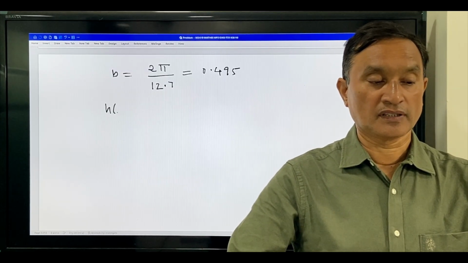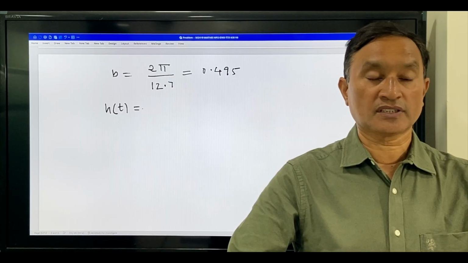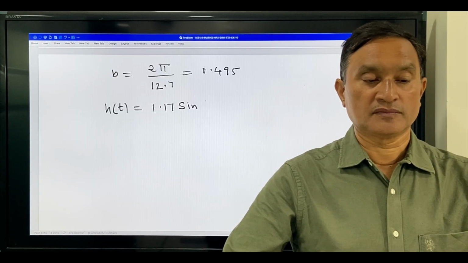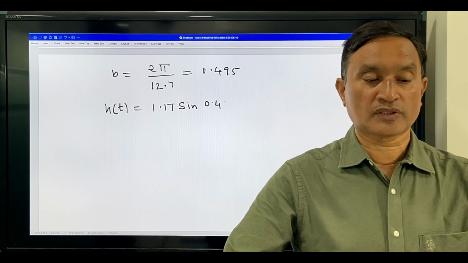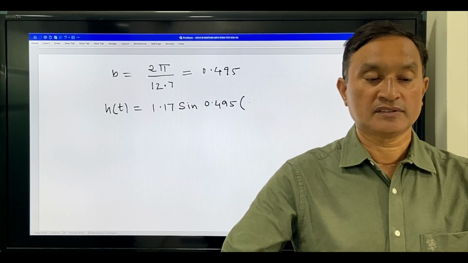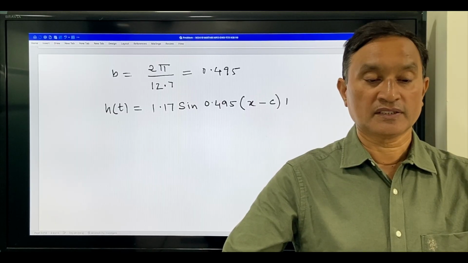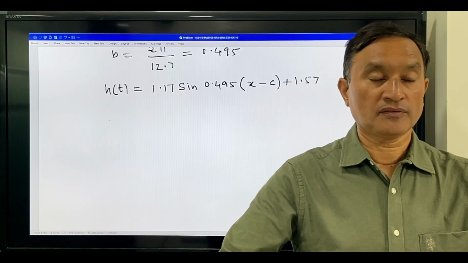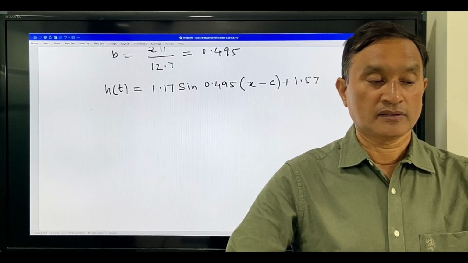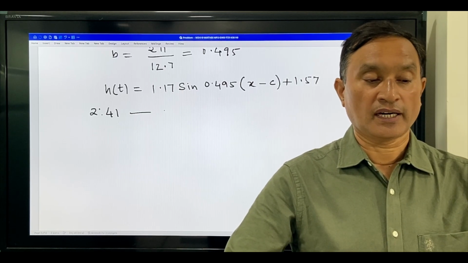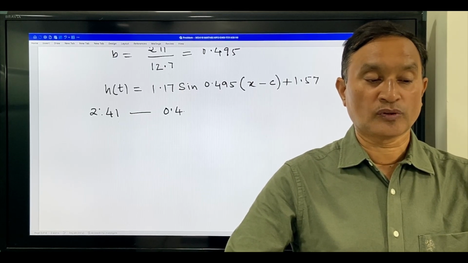So your h(t) equation would be 1.17 sine 0.495 x minus c plus 1.57. Now we know that at 2 hours 41 minutes the height is 0.4 meter.